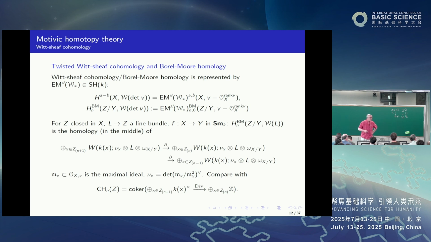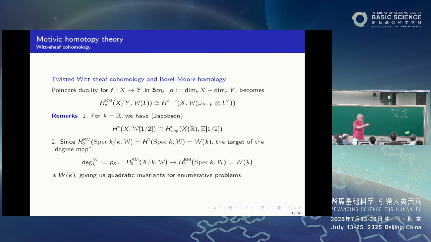So it's a somehow fancy version of the Chow groups of dimension n things. You have something corresponding to the divisor map. The coefficients, instead of being in the integers, are in the Witt groups. And you have an additional condition of a coboundary. It has to be 0. So it's not too far from the Chow groups.